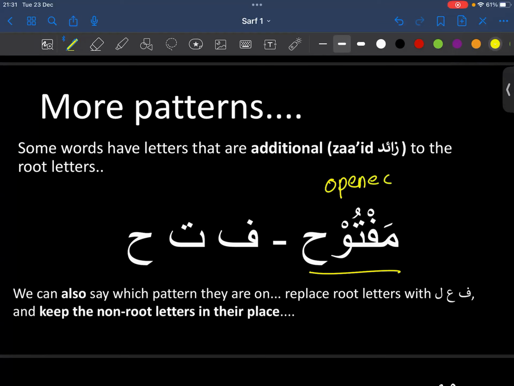Al-babu maftuhun, the door is opened, or the door is open, or has been opened. The root letters are fa, ta, and ha. But we can clearly notice there are letters other than the root letters. There's a meem and there's a waw. These are letters other than the root letters.